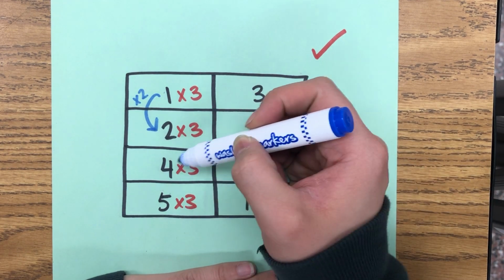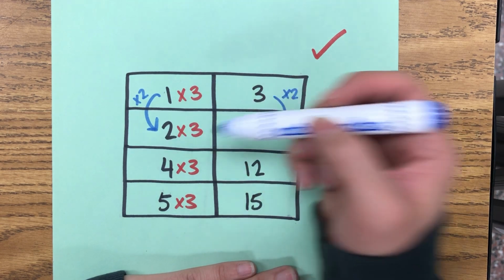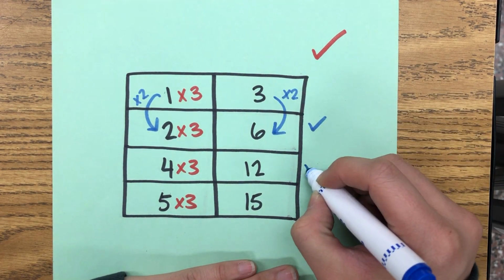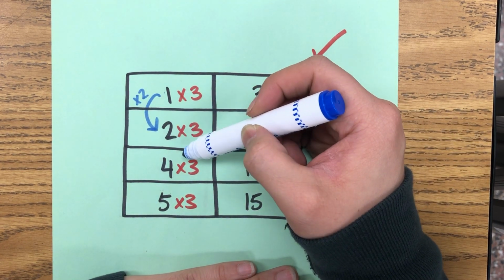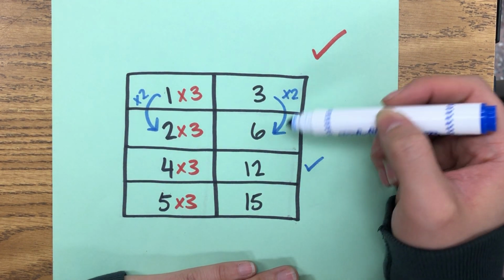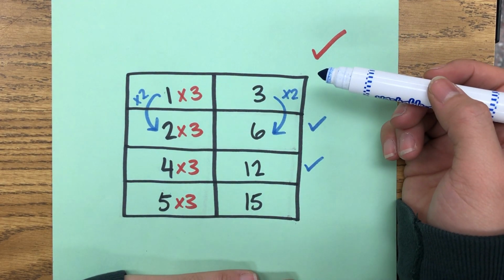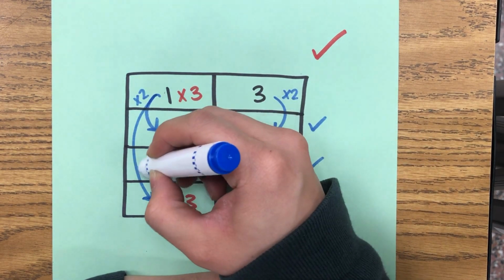Let's check the rest. How do I make a jump to 4? I could jump from 1 to 4 by times 4, and I can say 3 times 4 is 12. Yes, that is correct. I also could make a jump from 2 to 4. 2 times 2 is 4. 6 times 2 is 12. Whatever jump you make on one number, it has to be the same size jump. How do I get the 5? 1 times 5 is 5.